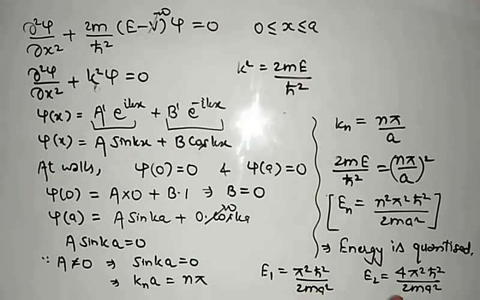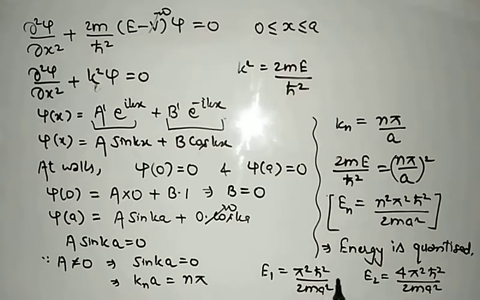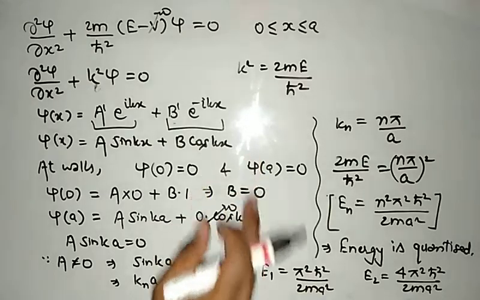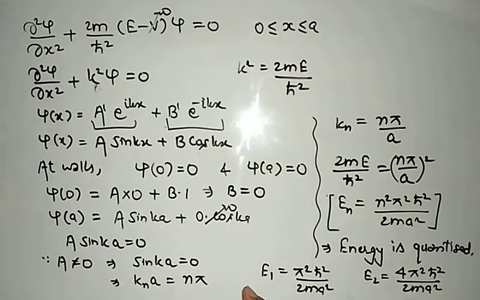So this is allowed, this is allowed, but between these energy levels, other energy levels will not be allowed. For example, 2 pi square h cut square upon 2m a square is not allowed, but these are allowed. So energy is not continuous in a bound state, as we have read in the first theorem. So only certain values of energy are permitted.